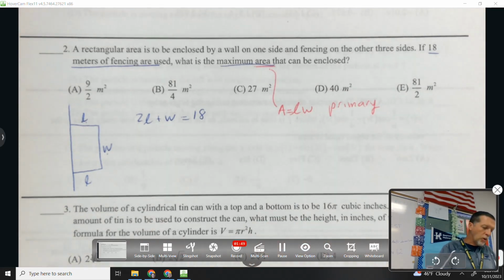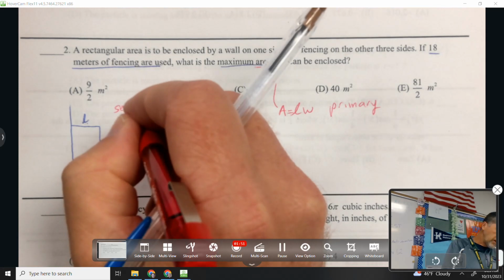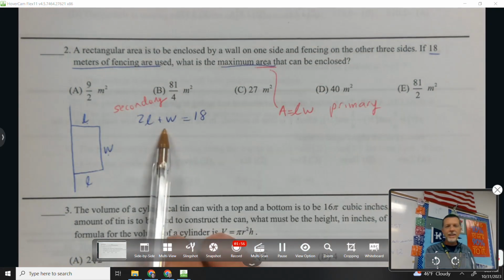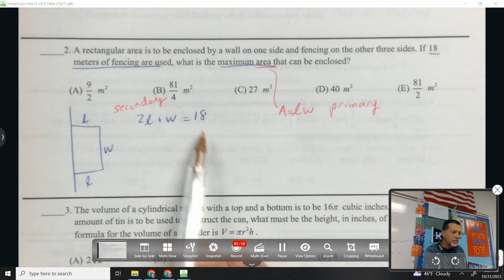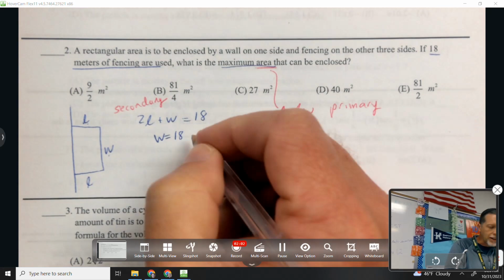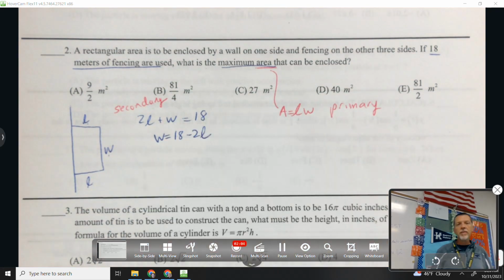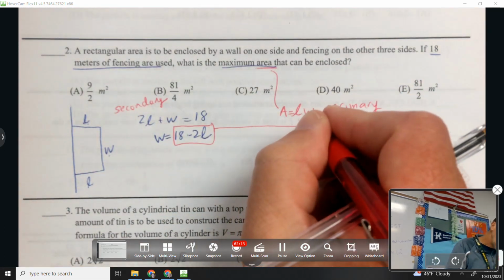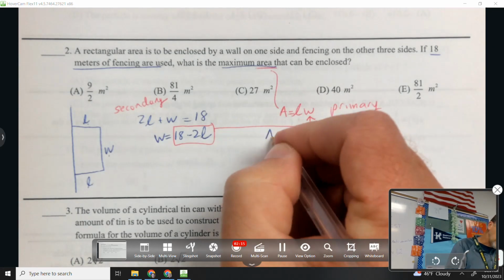But I've got a helper equation over here, a secondary equation that I could solve for either one, but it looks like W would be a little bit easier to solve for. So W is 18 minus 2L. Then I can take 18 minus 2L and plug it in for W.